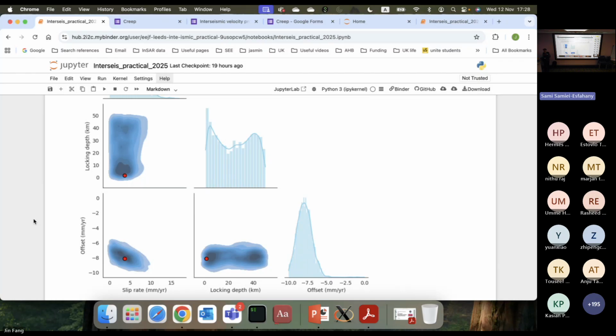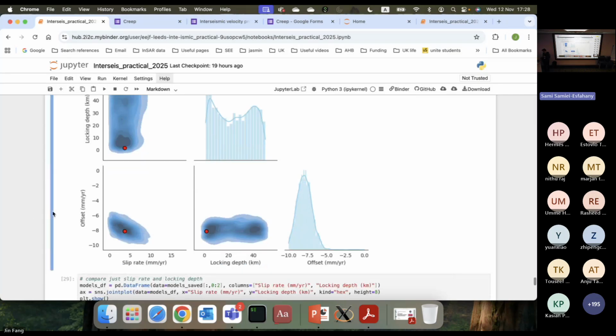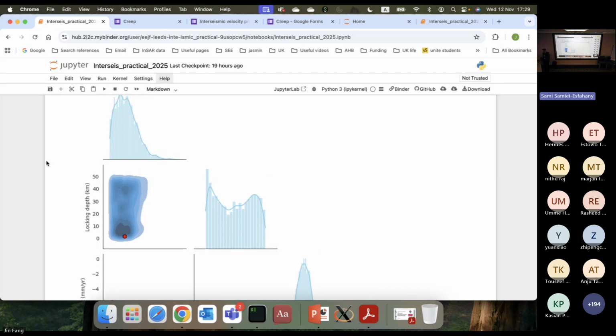It always trades off with other parameters, and some studies just fix locking depth to something like the seismogenic depth, based on evidence. But sometimes it's hard to tell. We don't know the right answer. But it looks here, because we've got a steeper gradient, that means a very shallow locking depth. That should be more probable, I would say.